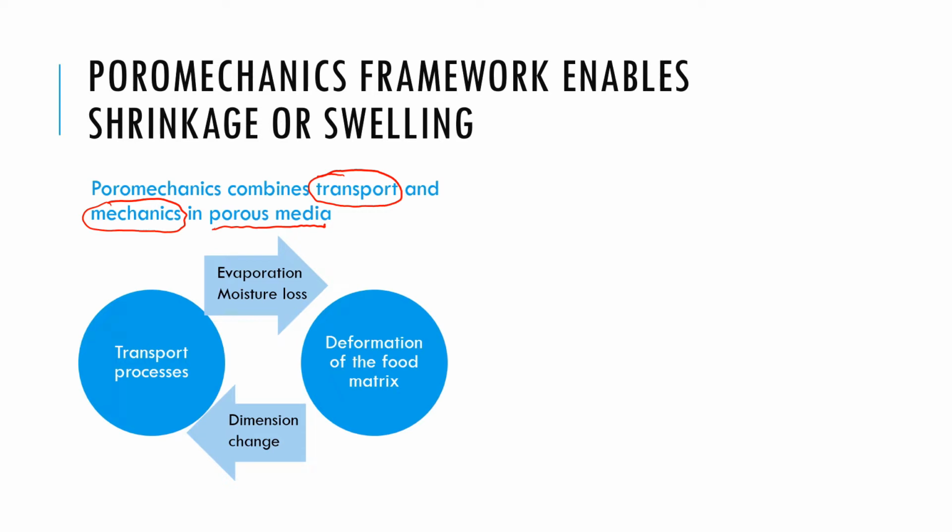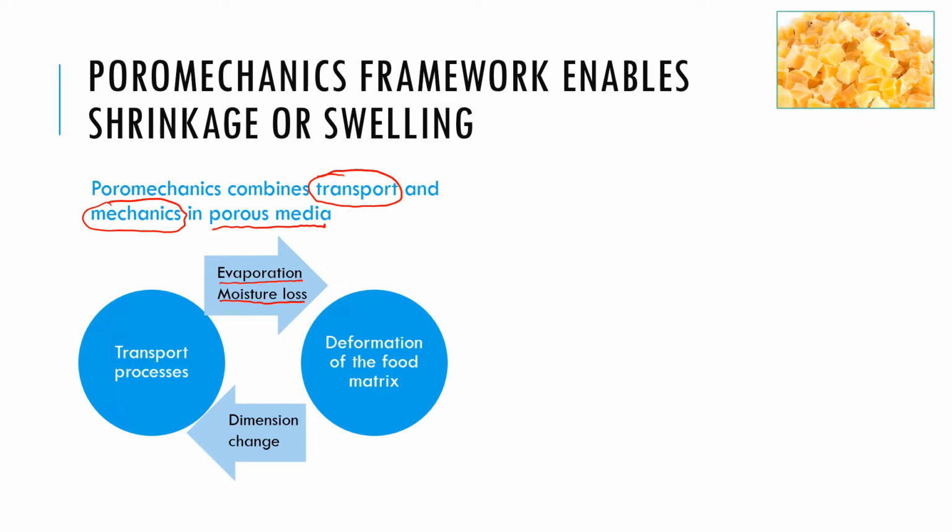And the transport and mechanics get coupled because, for example, evaporation would cause pressure generation, and that could lead to puffing of a food, or moisture loss that could lead to shrinkage.